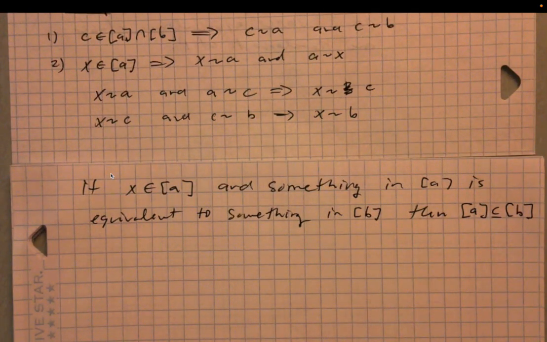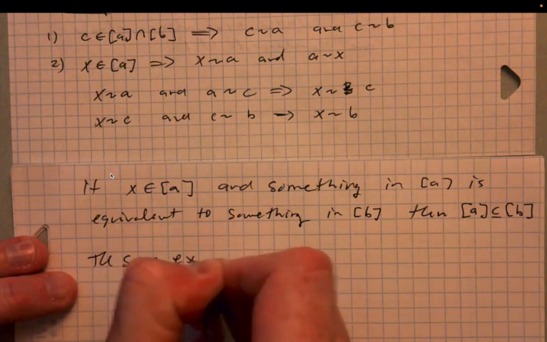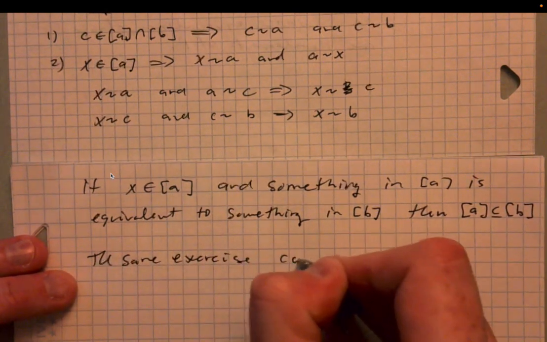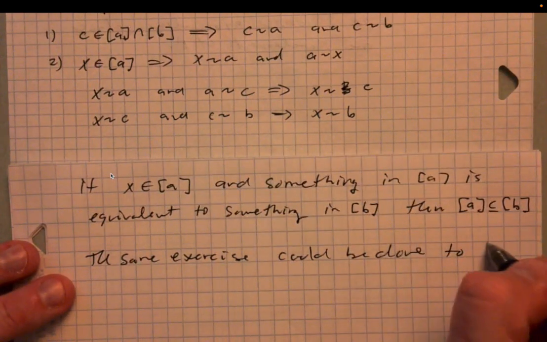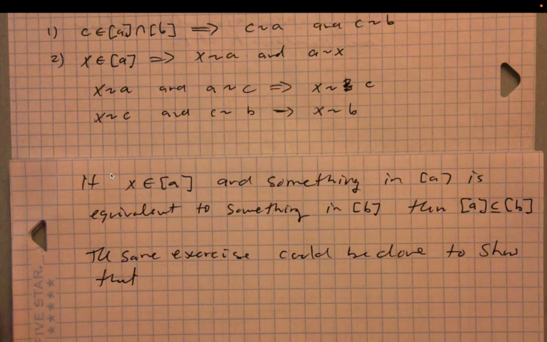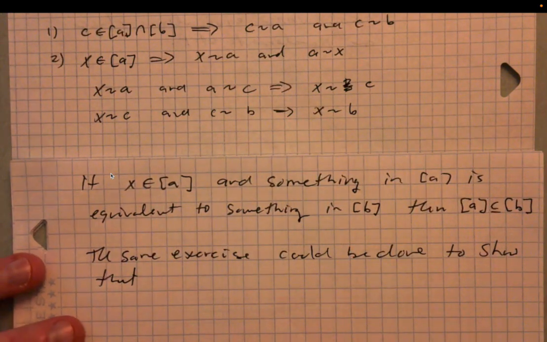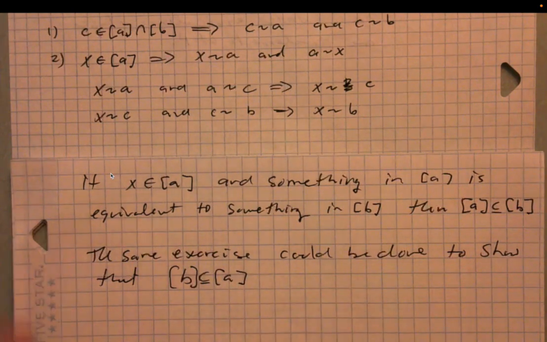Now we could do the exact same exercise, but going the other direction, right? So the same exercise could be done to show that B is a subset of A. You could literally do the same thing.